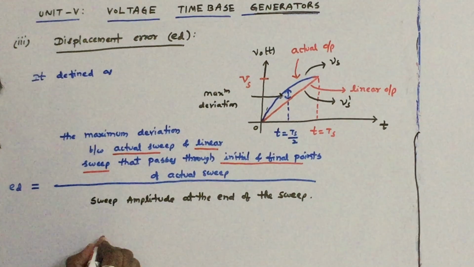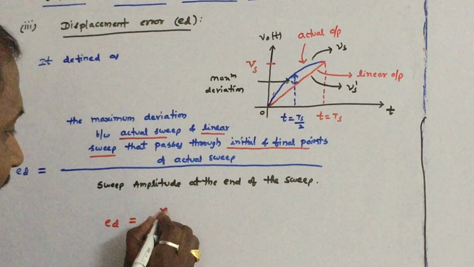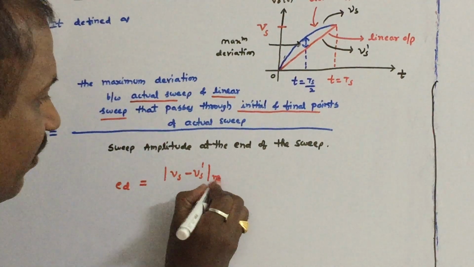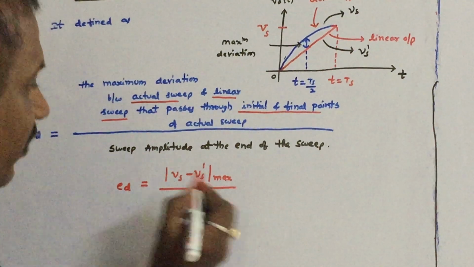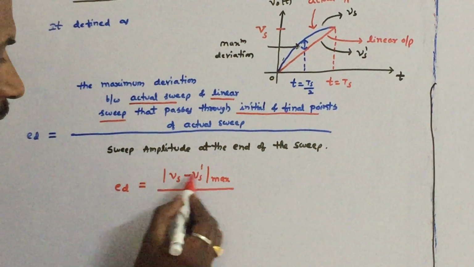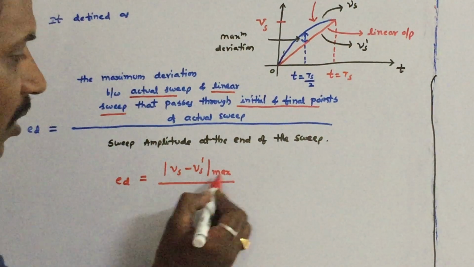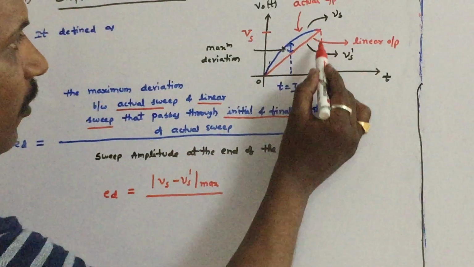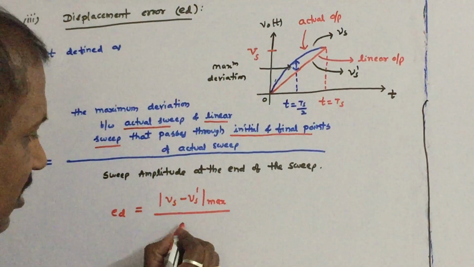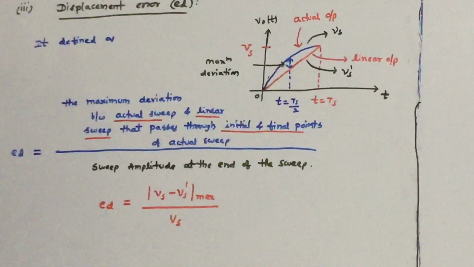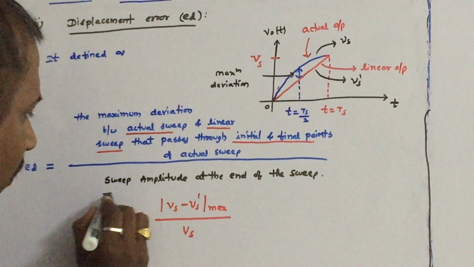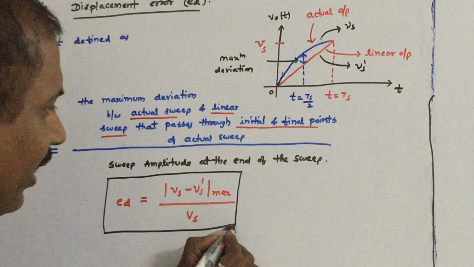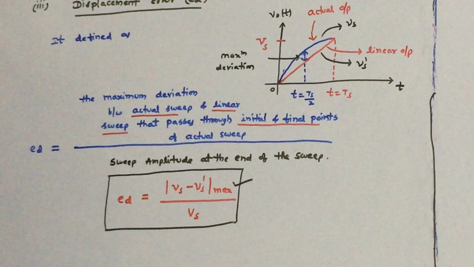So this is mathematically expressed as the magnitude of Vs minus Vs dash, the maximum difference between these two graphs, divided by the sweep amplitude, which in the graph is Vs. Our objective is to find the numerator and substitute in this equation to get the displacement error.